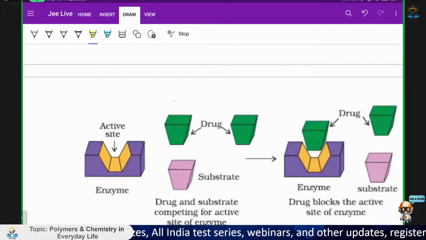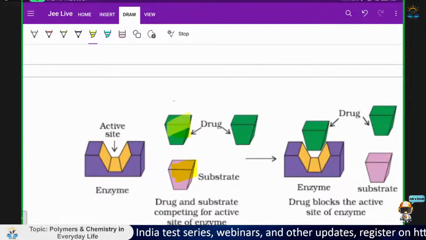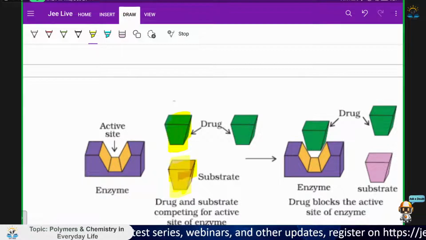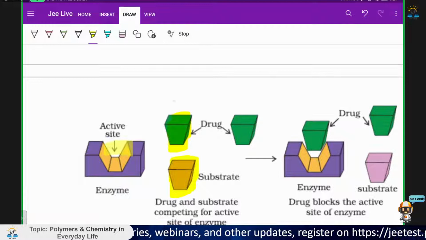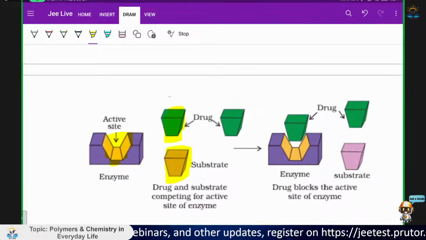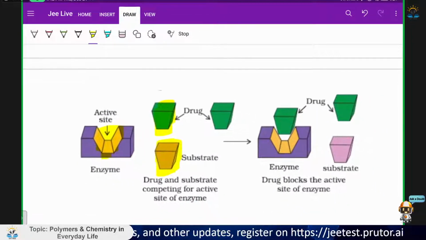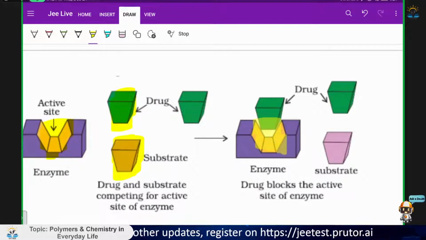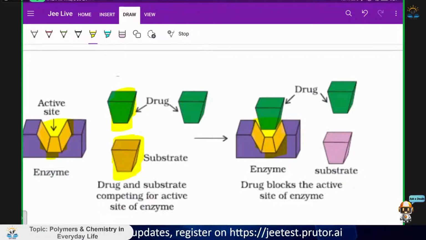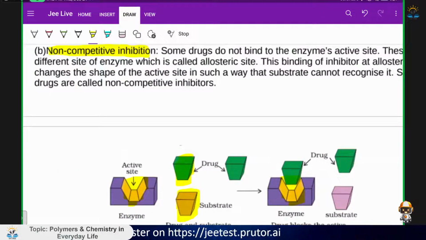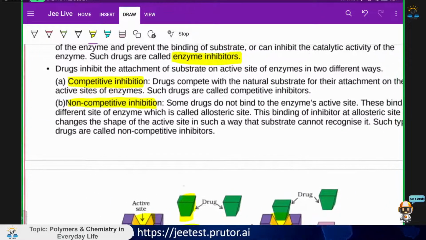Binding to the active site. The drug and substrate have similar structures, so they both compete for binding to the active site of the enzyme. If the drug binds with the active site, the substrate cannot bind with the enzyme. This type of inhibition is known as competitive inhibition.